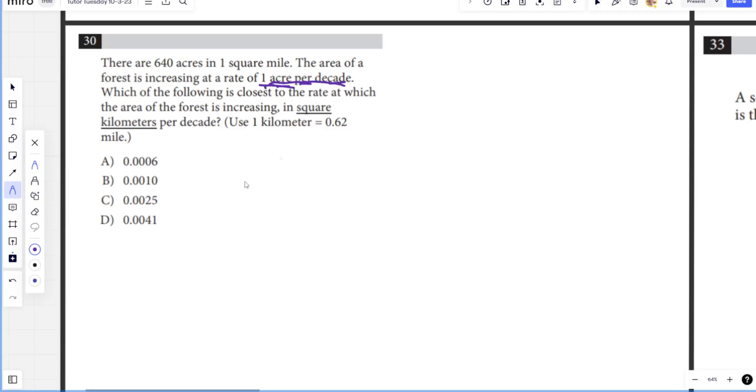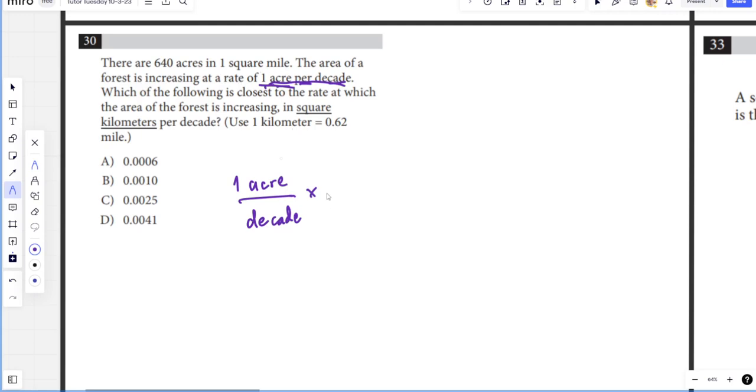So let's see. We start off with our units of 1 acre per decade. Let me physically write that out with both units. Our conversion rate is going to be 640 acres in 1 square mile.